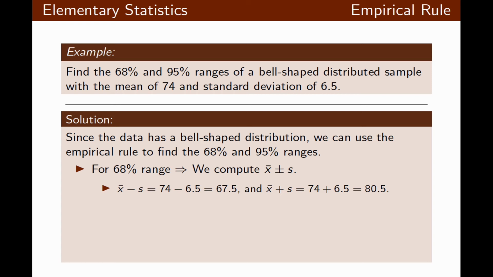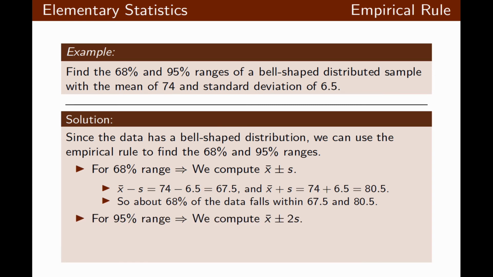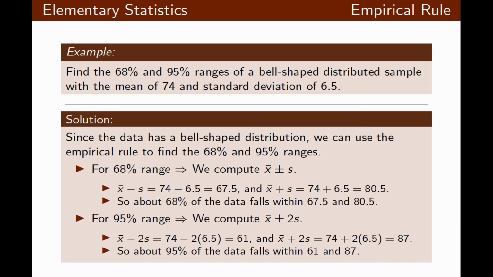Plug in the values, and the 68% range will be 67.5 to 80.5. And for the 95% range, we compute x bar plus or minus 2 times standard deviation. Once again, we plug in the values, we do the calculation, and that tells us about 95% of the data fall within 61 and 87.